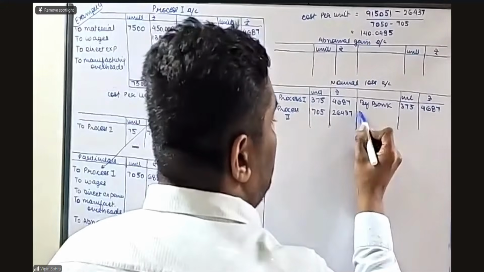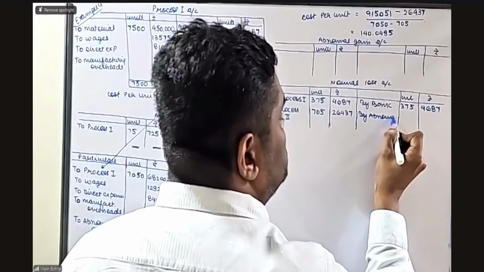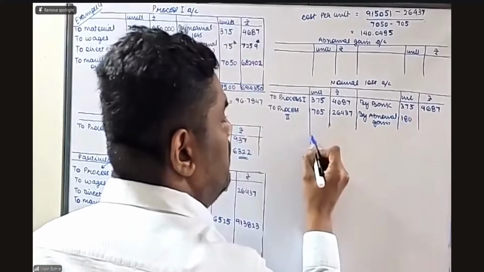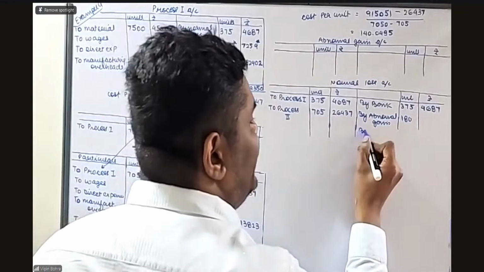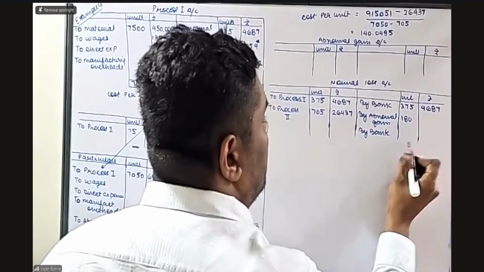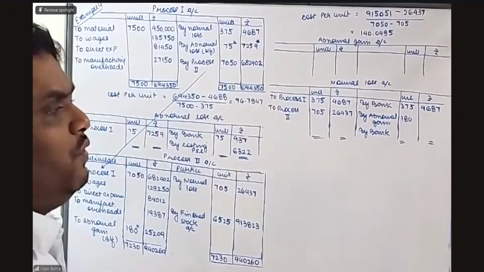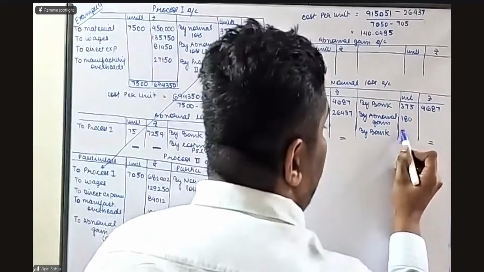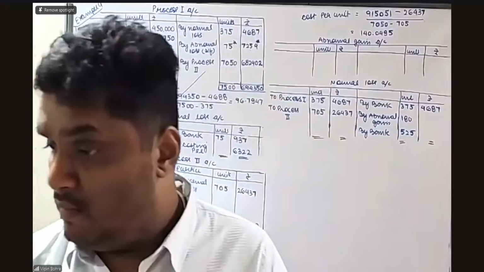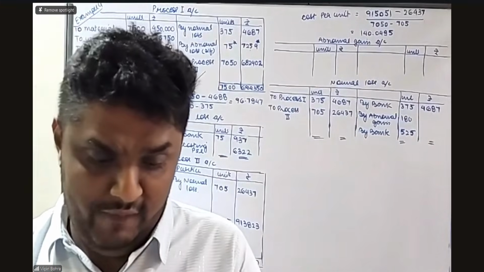So the balance will only be sold in the market. That is, only 525 units will be sold in the market, and the rate is 37.5.